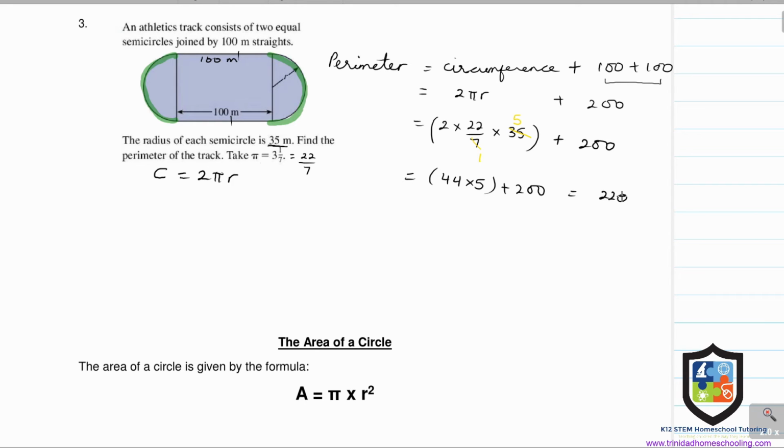Right, so that's 220 plus 200, which is going to give me 420 centimeters. Oh, sorry, meters. Right? 420 meters. Our units were in meters. Okay, and that is going to be our perimeter of that entire track.